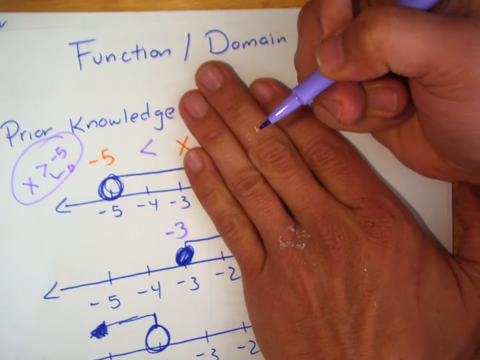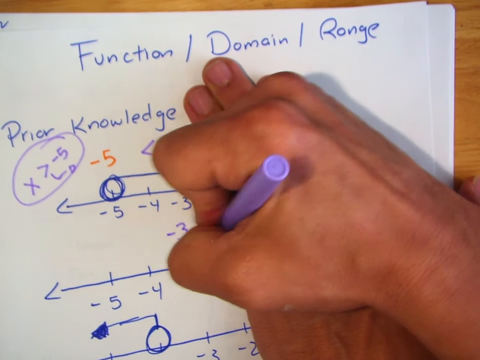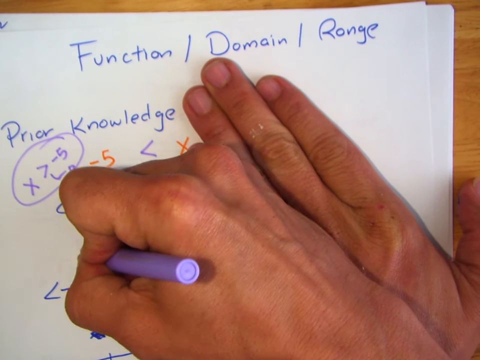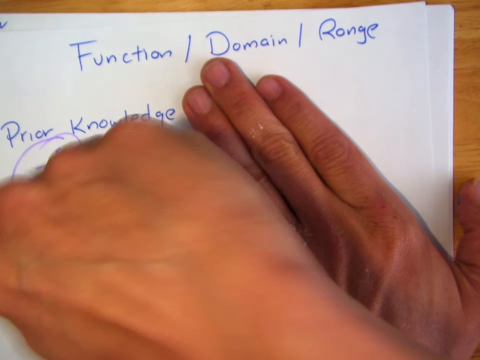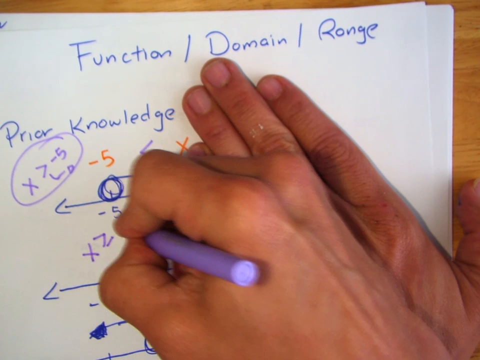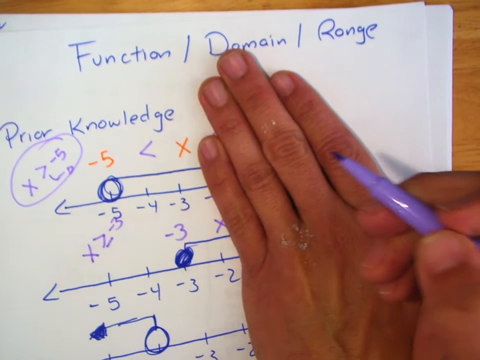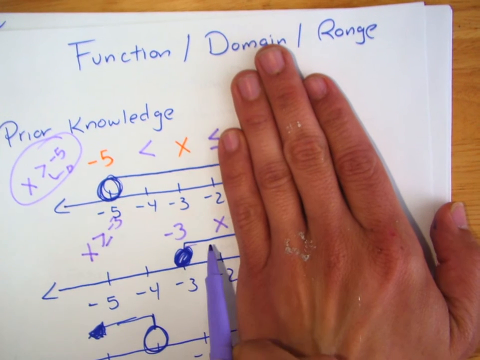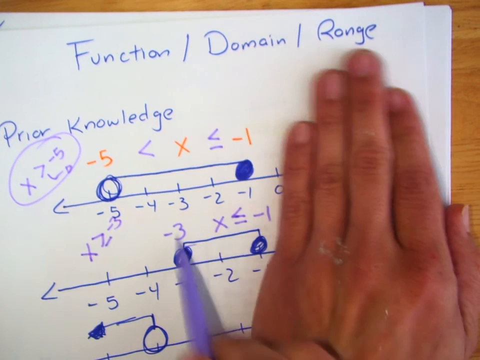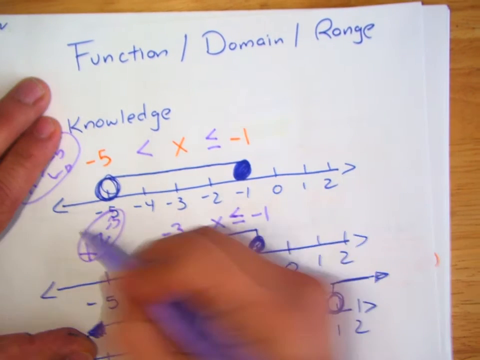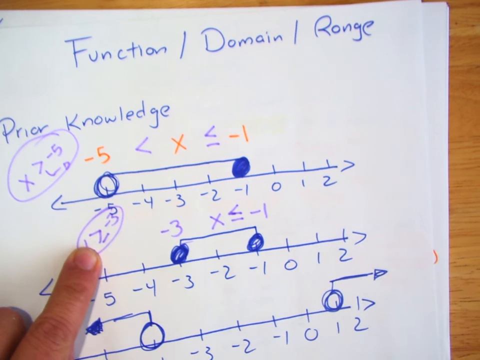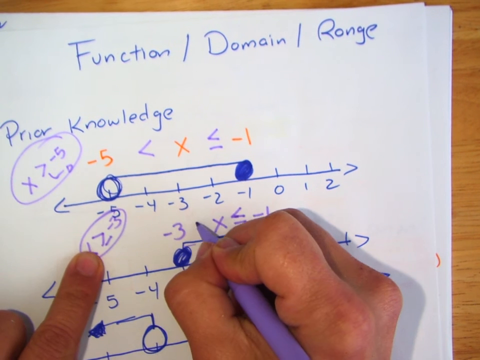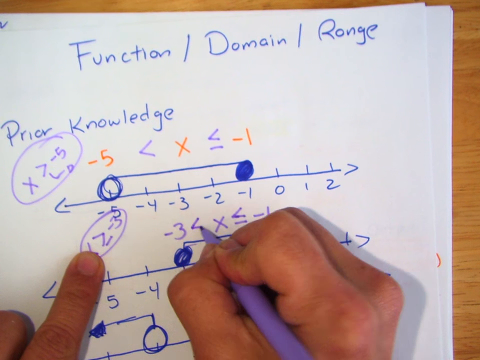Now I'm going to close this and ask, how do I write the inequality for this? Well, x is greater, because it's pointing to the right, greater than and equal to -3. But I wanted to fit in with this inequality, so I just got to flip this. So I'm basically flipping the inequality. It's going to go like that.